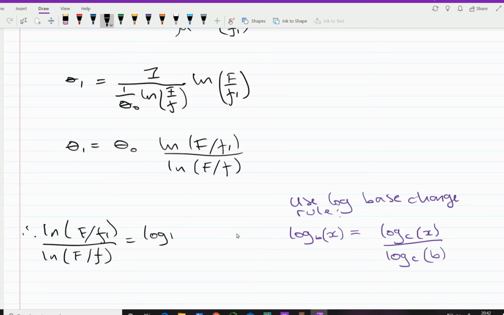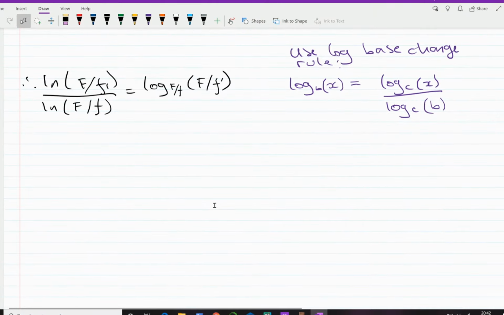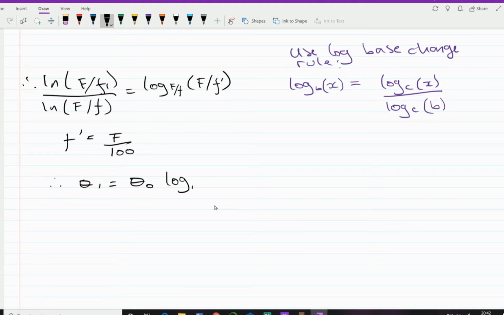Don't be alarmed that I've swapped from natural logarithm to log to the base F, because the ratio of logs never changes. For example, the natural logarithm of 9 divided by the natural logarithm of 8 is equal to log to the base 10 of 9 divided by log to the base 10 of 8. So that's how I was able to do that.